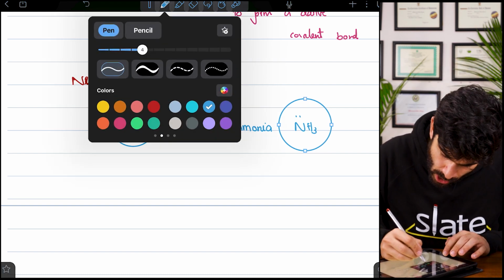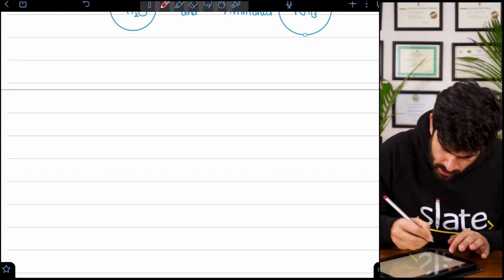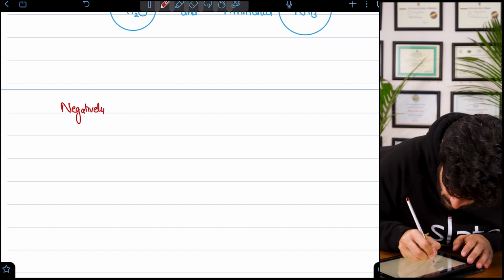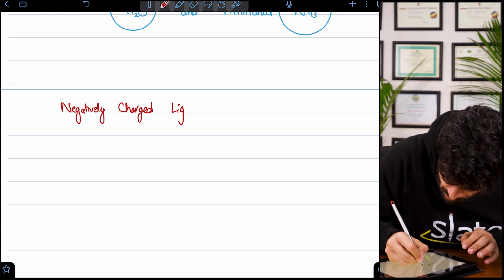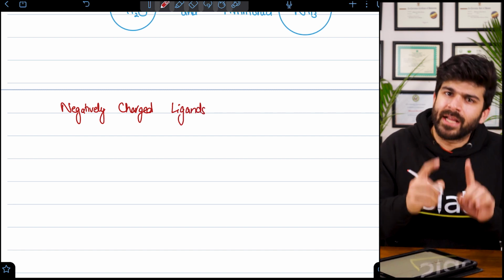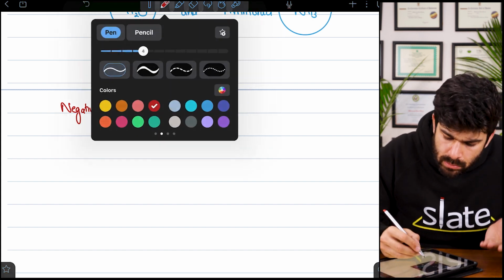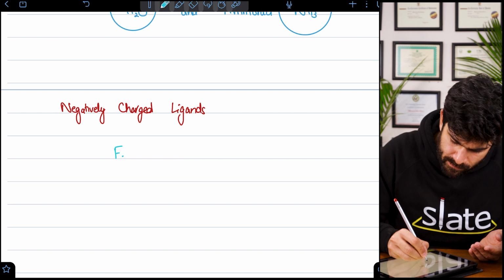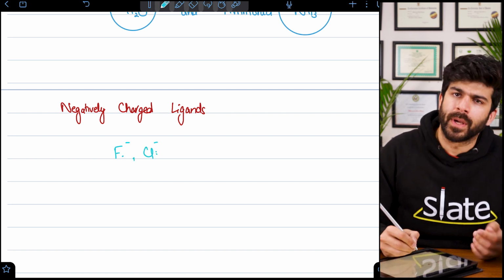Furthermore, the other ones are not neutral. They are negatively charged. Now they are a ligand, but they will have lone pair. It's very easy to remember. Fluoride ion. Chloride ion, they have extra lone pair.